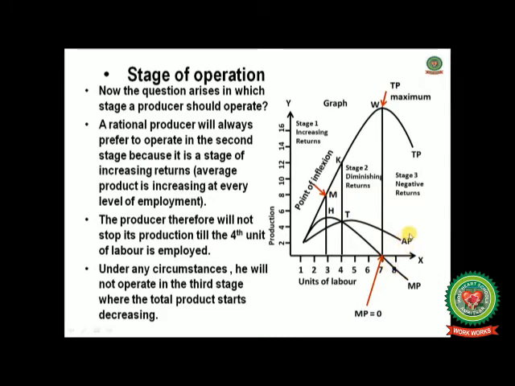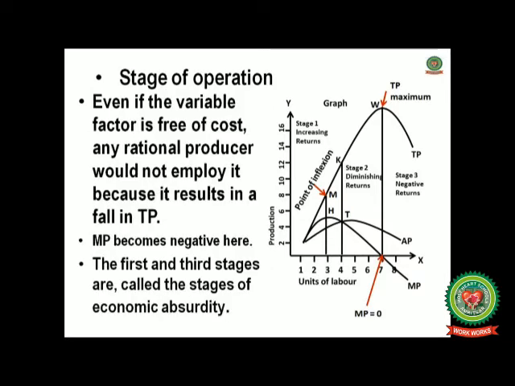The reason is that AP is the per unit production, or output given by each and every laborer, and it depends upon the ratio of the TP and the variable factor, while the MP is the output from the additional variable factor.